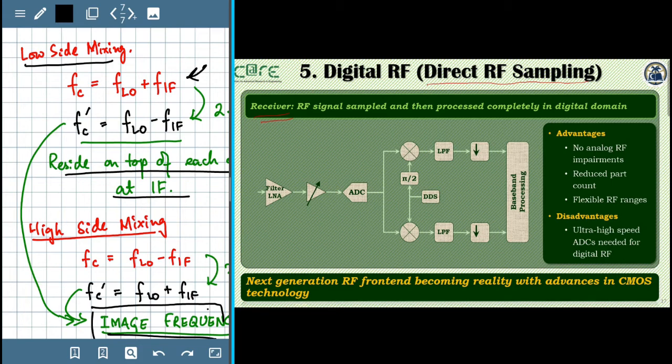All the conversion process of frequency translation is being done in the digital domain. So what you see here, we employ a filter and low noise amplifier, a variable gain amplifier, and then directly an ADC, which we often refer to as an RF ADC, to emphasize that this is an analog to digital converter that can have a very high sampling frequency, and it can basically digitize the RF signal directly.